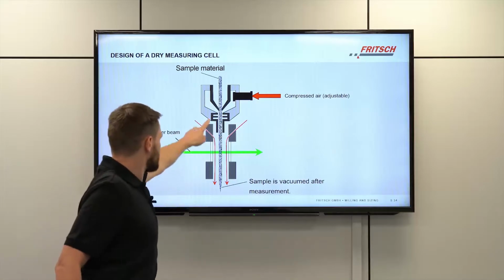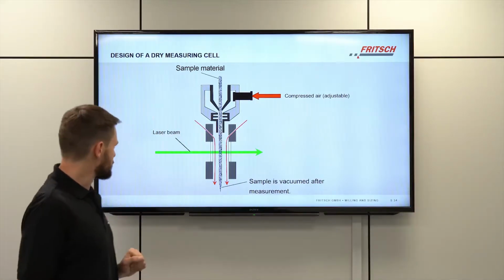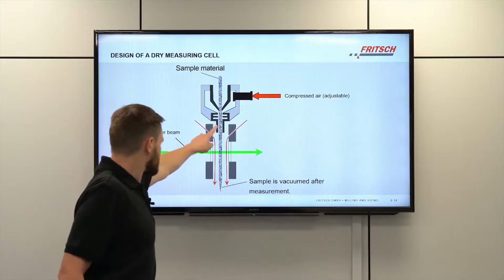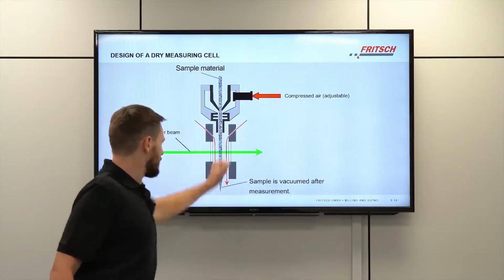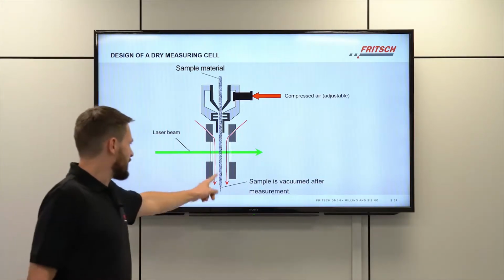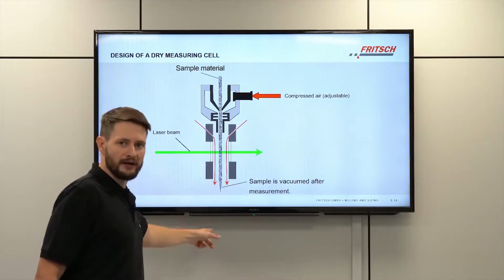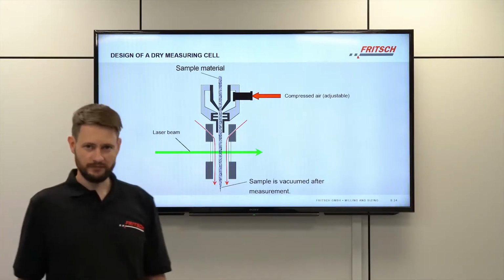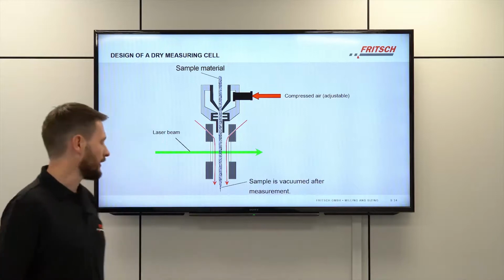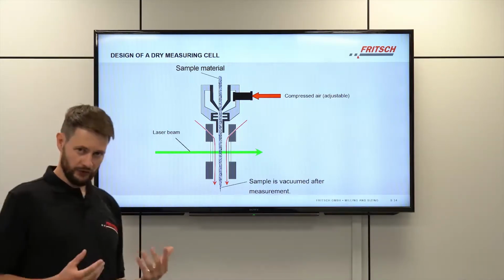In here we basically have the de-agglomeration process, then the sample flows through the measuring cell and the laser beam, and in the end it is vacuumed out by an external vacuum cleaner. So that is basically what I meant by continuous feeding and no circulation.